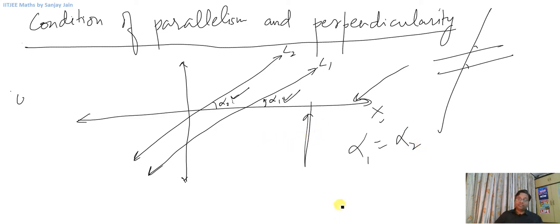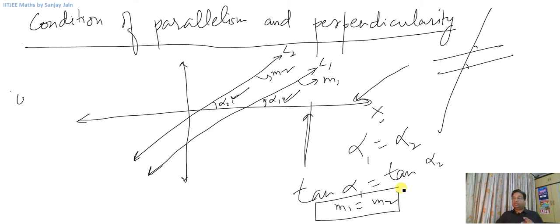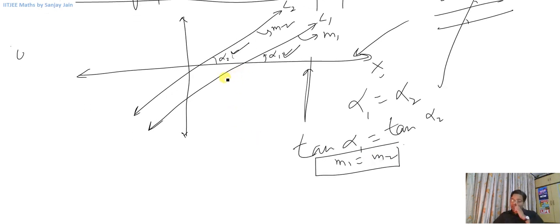These are acute angles, so I can say surely that tan of alpha 1 is equal to tan of alpha 2. So what can I say about the slopes of these two lines? Let us say slope of this line is m1 and slope of this line is m2. So m1 is equal to m2, and this is the condition for two lines to be parallel to each other, that their slopes should be equal to each other, right?